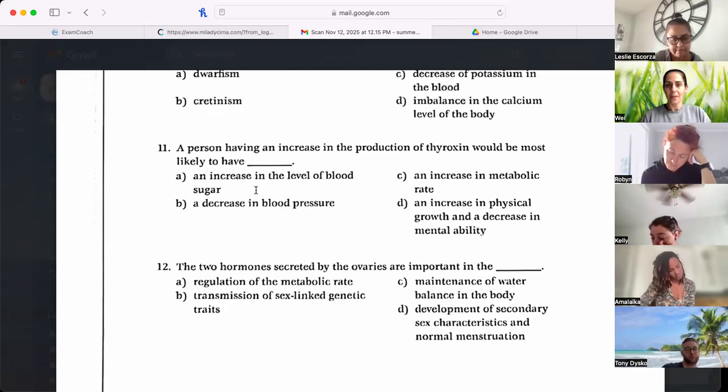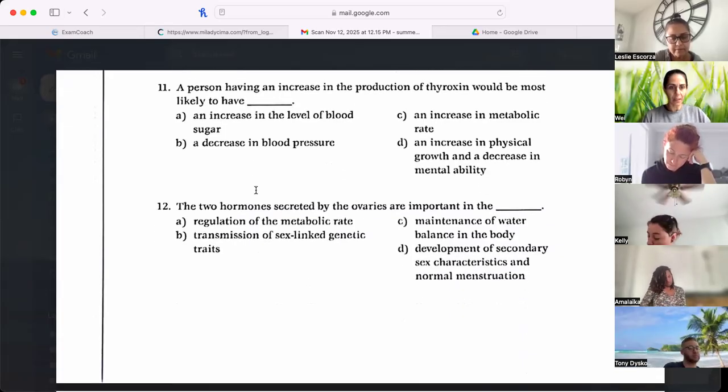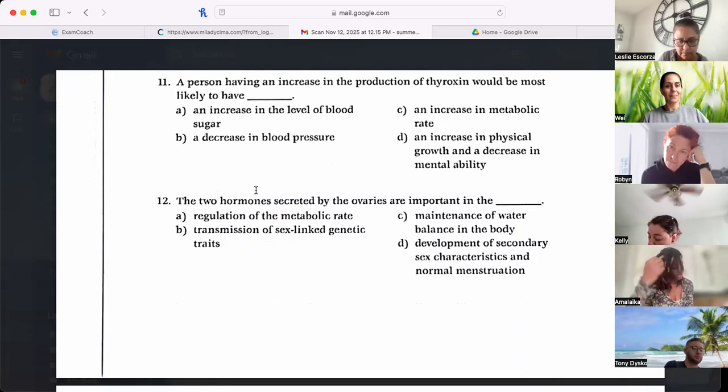Awesome. I'm trying to finish all the questions before 3. Number 12. Let's do Amalika. The hormones secreted by the ovaries are important to the development of secondary sex characteristics and normal menstruation.